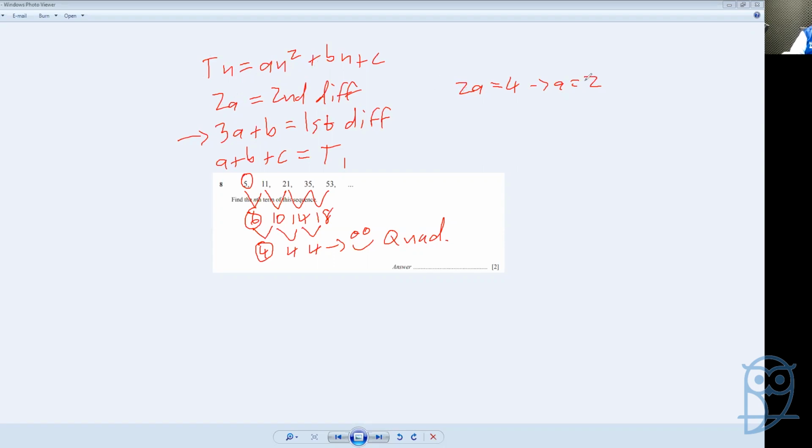So we've got a is 2, 3a plus b equals my first difference. So 3 times 2 plus b equals my first difference of 6. So 6 plus b equals 6, meaning that b must be 0.